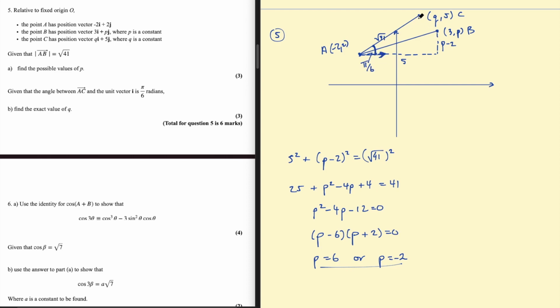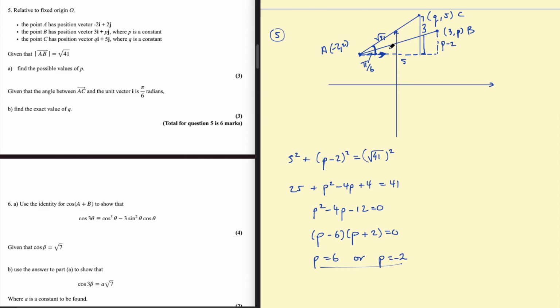Okay, so let's draw another right triangle. This vertical distance we know because we know the y-coordinates of the 2 points. A was 2, C is 5, so this vertical distance is 3. That's this distance in here. But we don't know the horizontal distance.